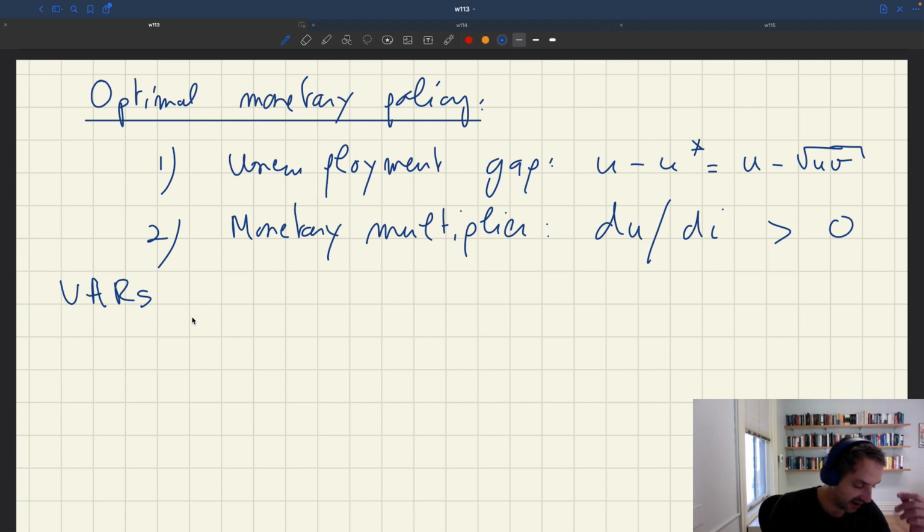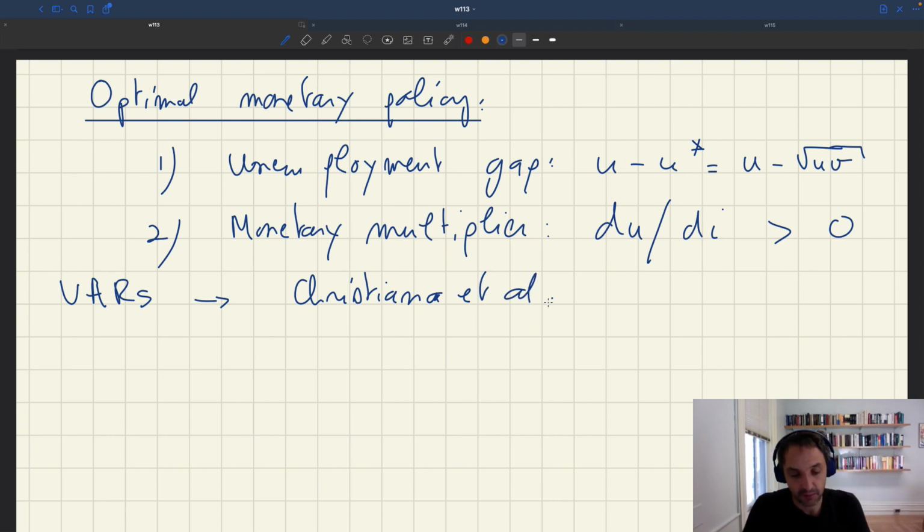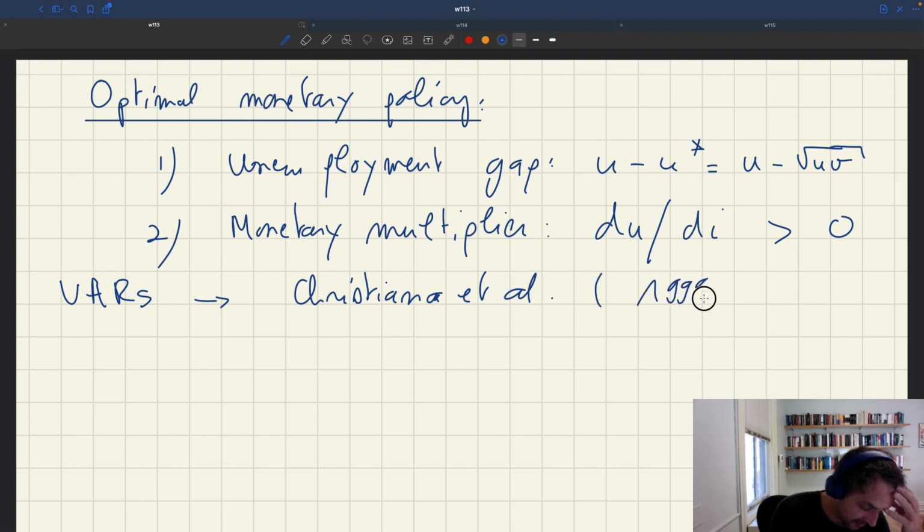A good resource if you want to see the challenges of how these VARs are implemented is the survey by Christiano, Eichenbaum, and Evans in the Handbook of Macroeconomics, 1999.